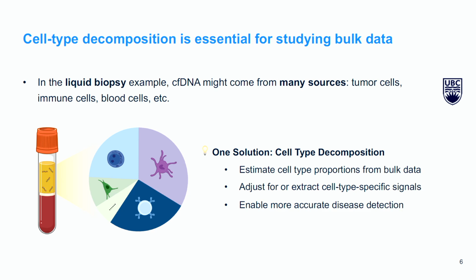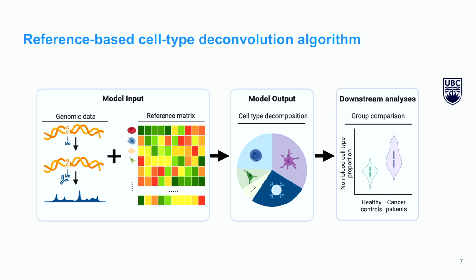So our solution to understand this data is cell type decomposition, which tries to estimate the cell type proportion from the bulk data, and these cell type proportions can be used to adjust for the cell type specific signals or enable accurate disease detection even. So a typical reference-based cell type decomposition algorithm looks like this.